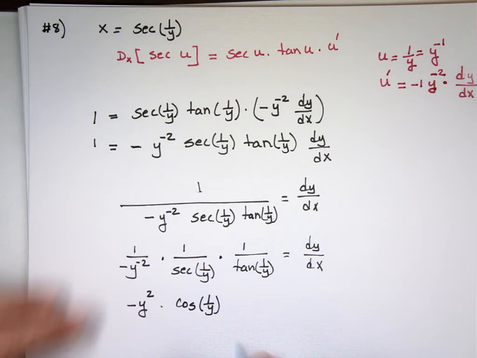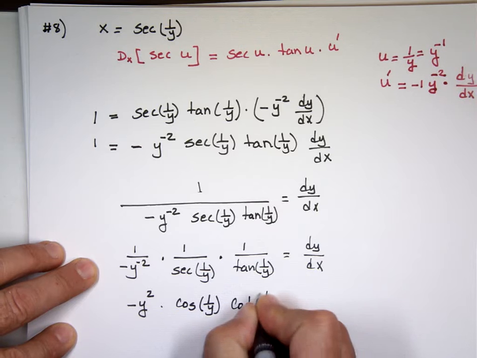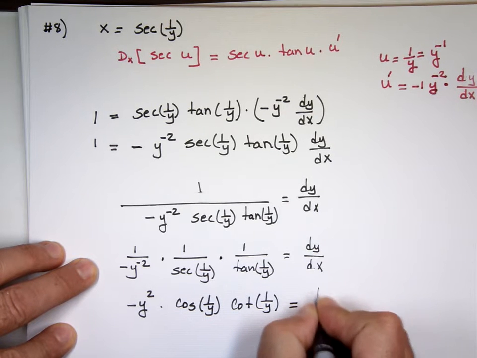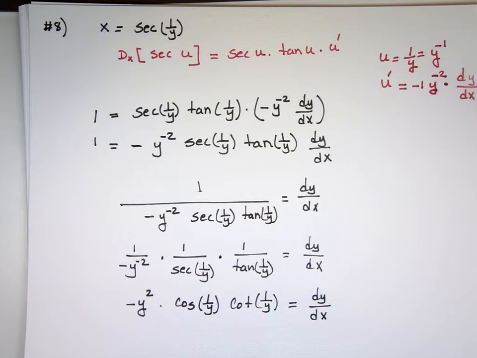That's the cotangent. So that's your answer. They're probably going to leave it like this. The other one is good too, but they're probably not going to leave it like that. They probably change it to this.